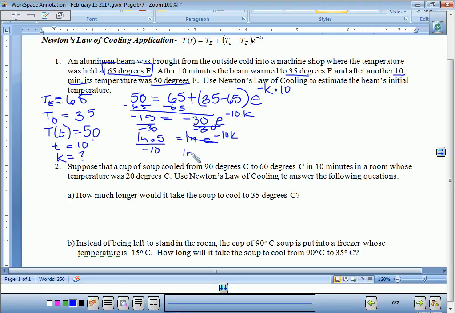So ln of 0.5 divided by negative 10 is our K. That's our constant. Wait, can I write it as negative 10K ln? Aren't you supposed to put the exponent in front of the log? Yeah. I just got rid of the log altogether.